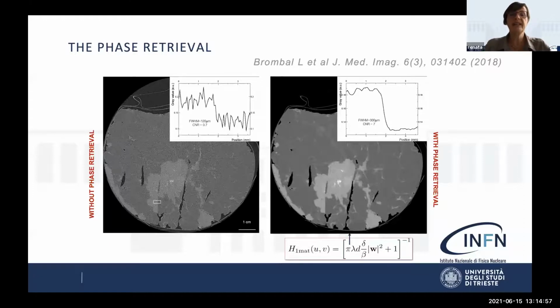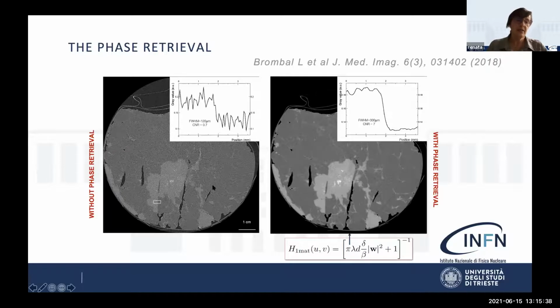And then we apply the phase retrieval. Professor Rigon introduced the phase retrieval to you. Phase retrieval can be described as a low-pass filter in the 2D Fourier space. But this low-pass filter is designed according to physics, and this is the formula, so we have to consider the wavelength, the sample to detector distance, and the delta and beta, which are two parameters of the tissue under investigation.